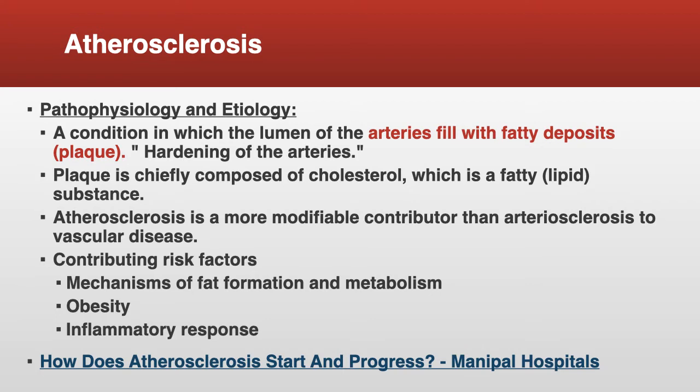Here, with atherosclerosis, you have fatty buildup in those arteries, plaque, fatty lipids, cholesterol. These are factors that cause that occlusiveness for the atherosclerosis. Risk factors can be mechanisms of fat formation and metabolism, which occur individually, obesity, and inflammatory responses.